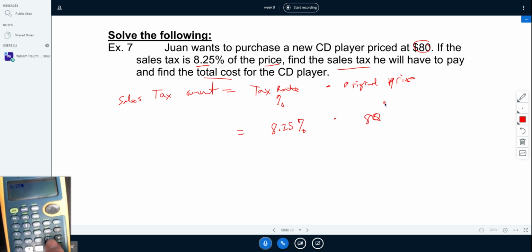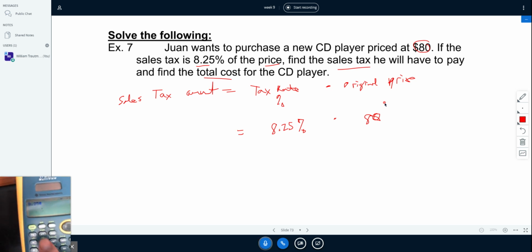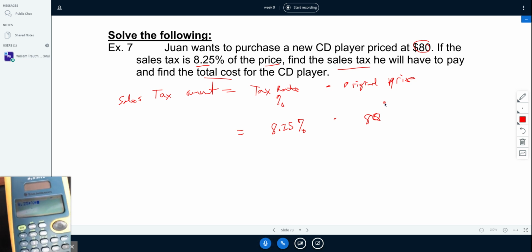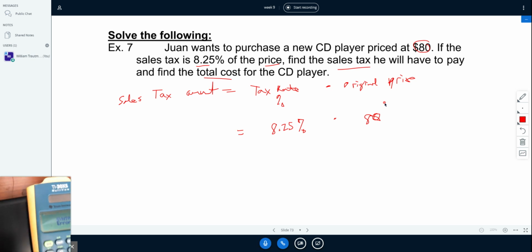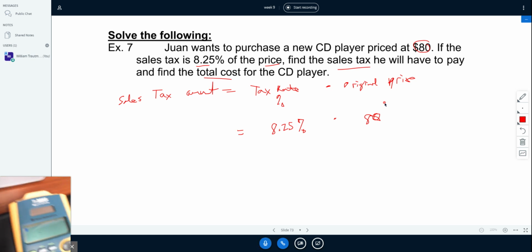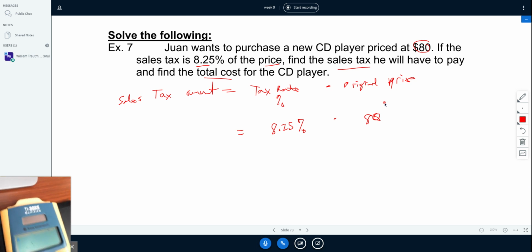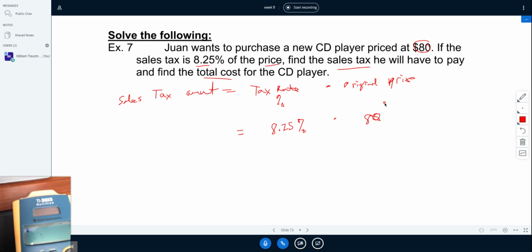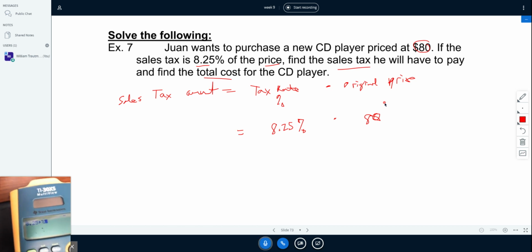Do you see how the percent symbol's in green right above this? Second percent times $80, and it didn't give me an answer. I must have hit the wrong button. Oh, I'm just going to hit enter.